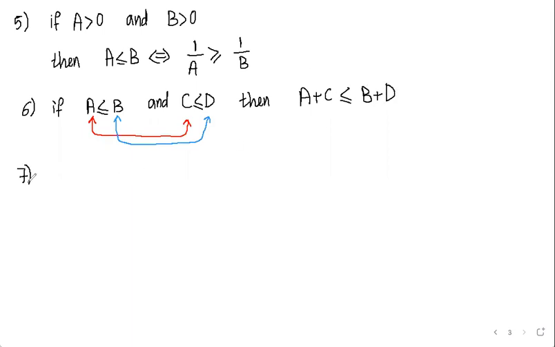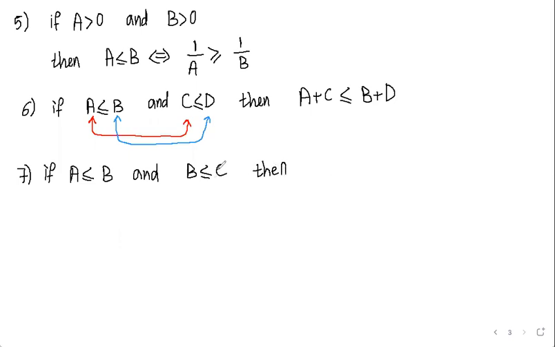Number 7 says, if A is less than or equal to B and B is less than or equal to C, I can use transitivity.